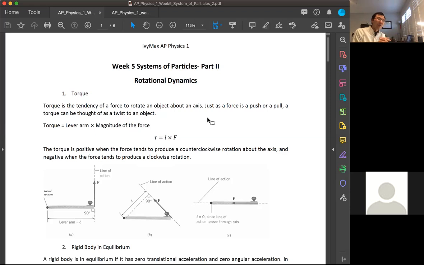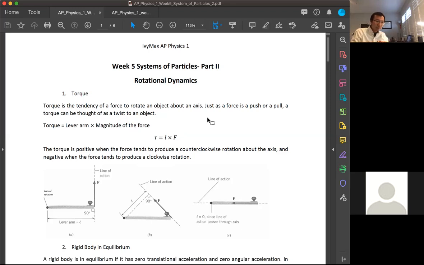Like here, we're using torque instead of force, to consider how you change the static motion. Some others we will discuss in detail, but all of them are comparable to the quantities we learned in the translational cases, the linear kinematics or linear dynamics.